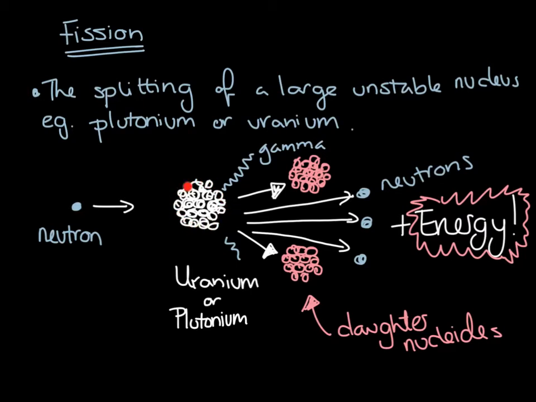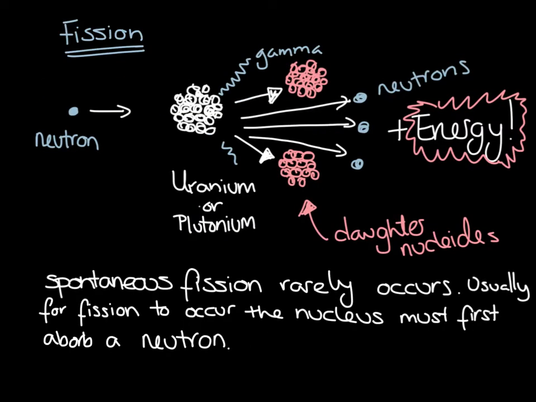This is the nucleus of that atom being represented. That atom then splits into two smaller pieces, and these are known as daughter nuclides. So these are two smaller atoms, and then we have other things given off as well, so some energy, some neutrons, and a bit of gamma radiation.